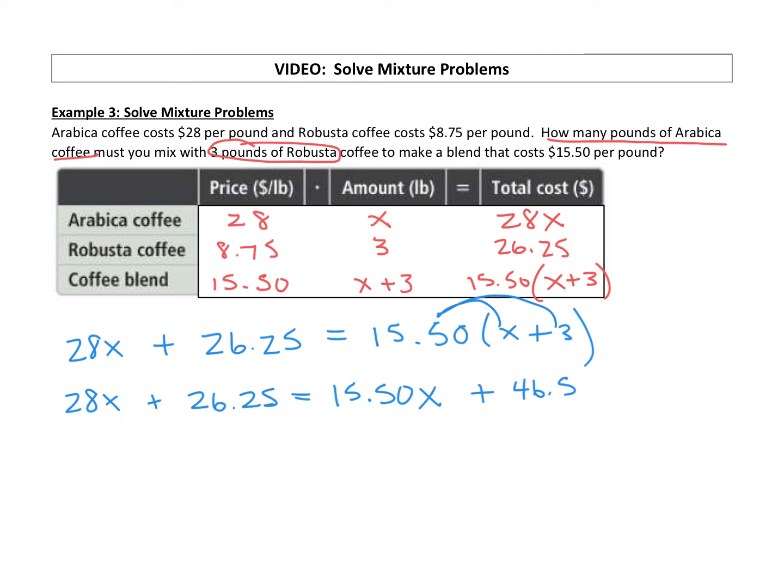We have variables on both sides, so we're going to get those to the same side first. It doesn't matter which side you go, but we do tend to get things to the left side. That will leave us a positive x value, so that works out. 28 minus 15.5 is 12.5x plus 26.25 equals, and we'll carry down the 46.5.